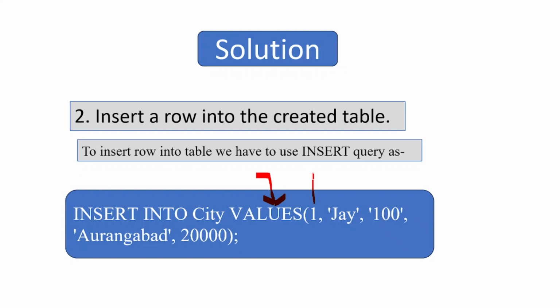First column is the ID having an integer value. Second is name having a character value. Third is again country code with a character value. That's why 100 is written in single quotes. The name of the city is Aurangabad, that is again a character string, and then finally population, which is an int, right? So all these values are now getting inserted into the table.